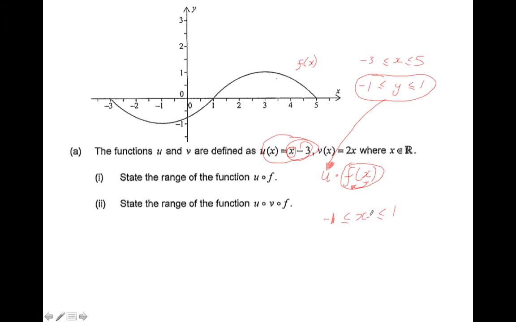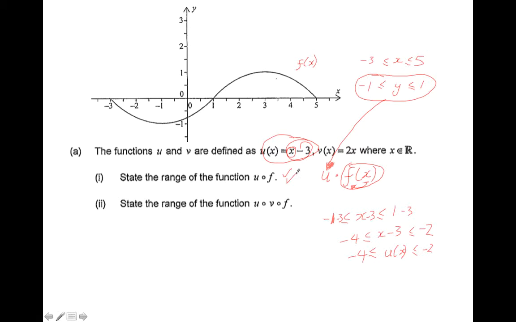So if we just feed in a little subtract 3 here, and there, and here, we get a simple way of getting to the answer. -4 less than or equal to x minus 3 less than or equal to -2. But x minus 3 is u of x, and u of x represents the range or the output. So that's the range or the output.